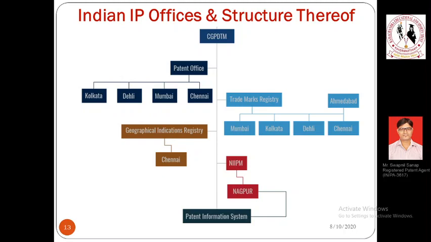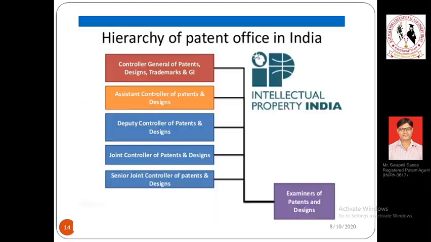So these are the different offices available in India, and all of them work dedicatedly on intellectual property right related activities. I don't recall if I mentioned that the IPR offices are categorized under the Department of Ministry and Commerce. So it is a part of one of the reputed structures in India.